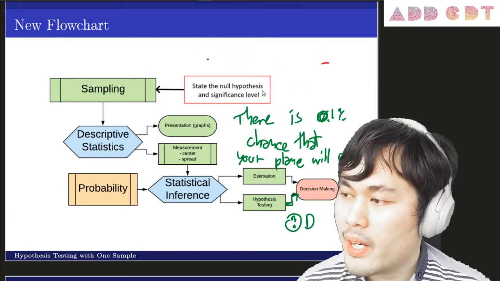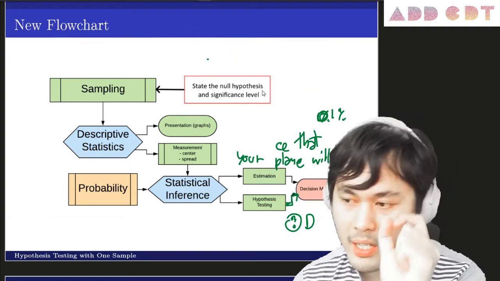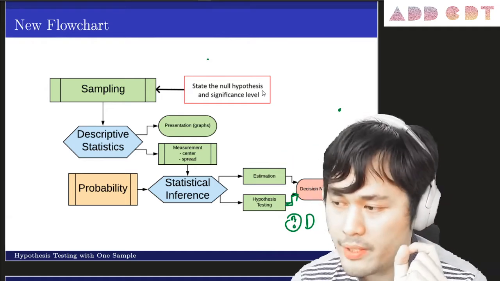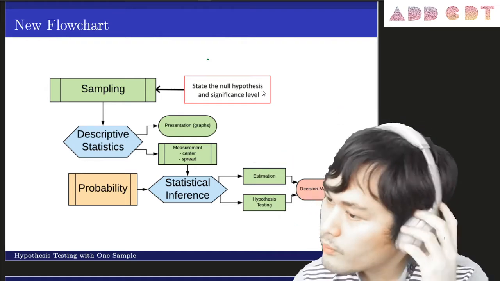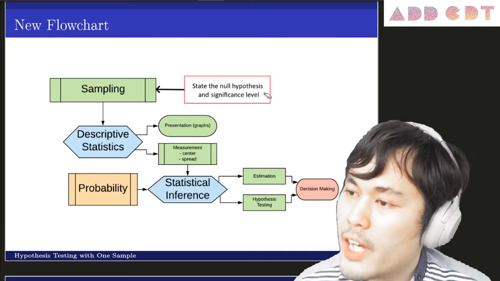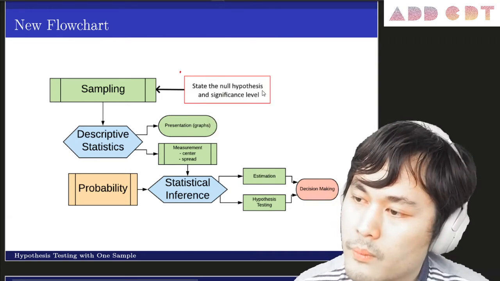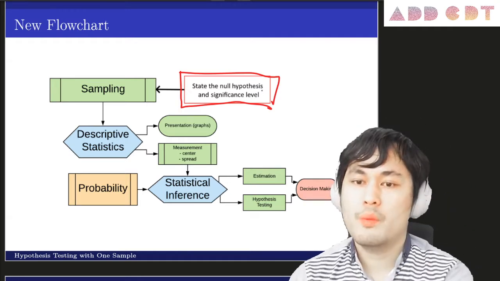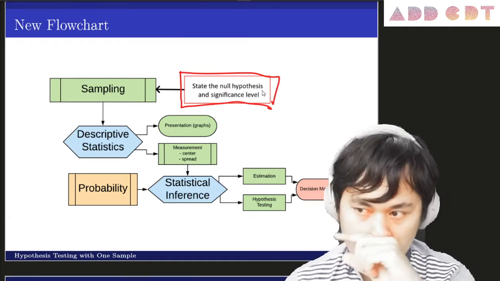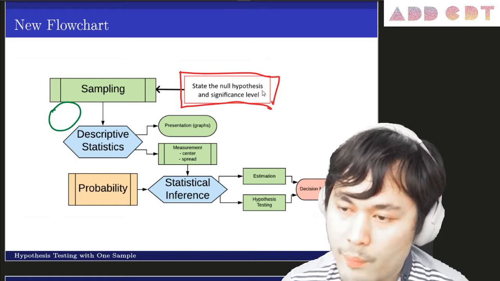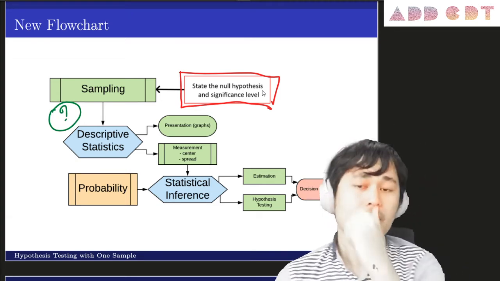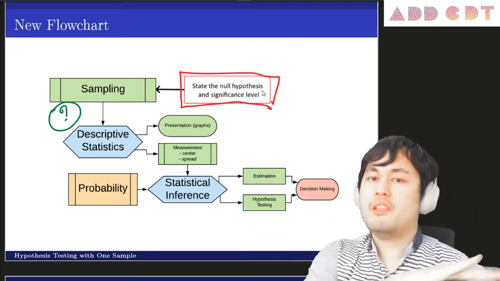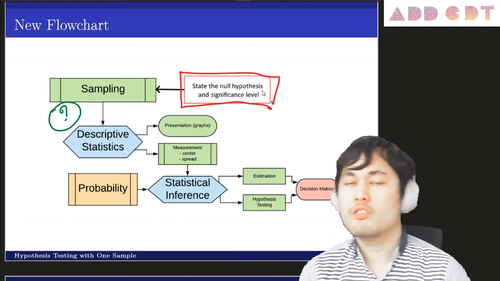So you have to put a threshold, make a policy at first. So it has to be here, way before we even take any sample. So again, you might ask, can we do it here now? Actually, no, because if you don't see any sample, then you have no idea what the mean would be.